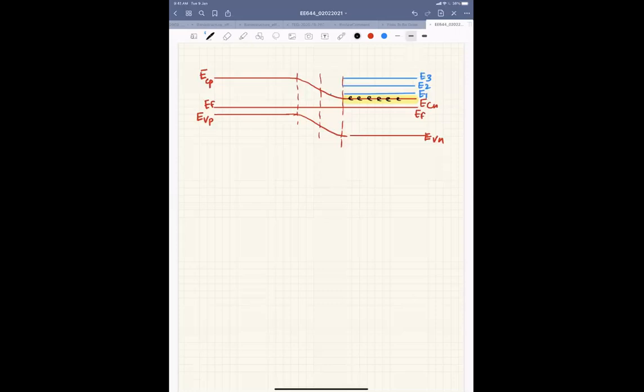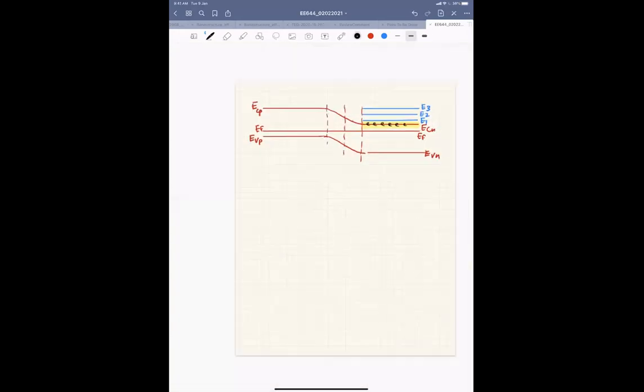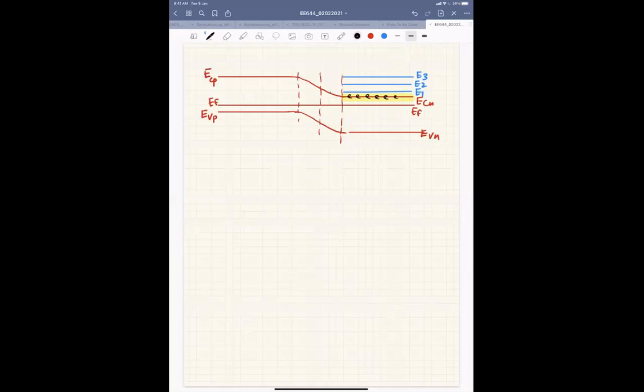Since there is an energy barrier, which is qVBI, it is very difficult for the electrons to go from ECN to ECP, from the N side to the P side. But it is relatively easier for electrons to go from E1 to ECP, because E1 is at a higher energy compared to ECN. Similarly, it is even easier for electrons to go from E3 to ECP, because E3 and ECP are at the same energy level.